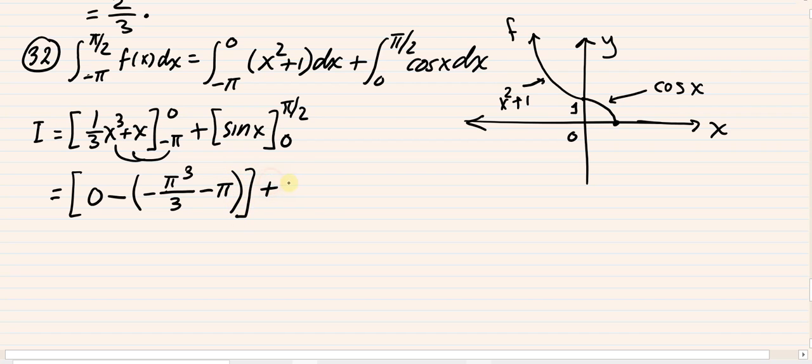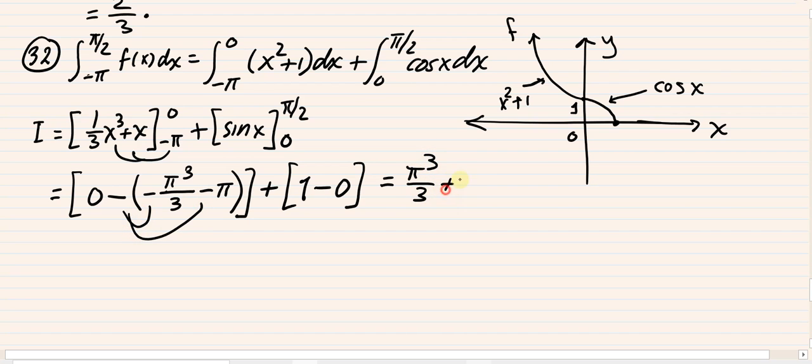And then plus the upper limit: sine of pi over 2 is 1, sine of 0 is 0. Tidy up this work, so we get pi cubed over 3, double negative, distribute, plus pi plus 1. And there you have the answer to this one.